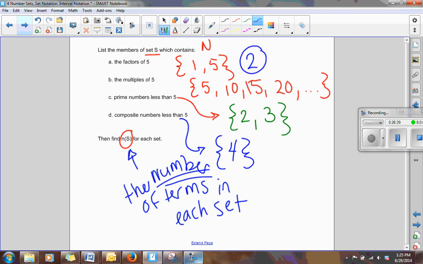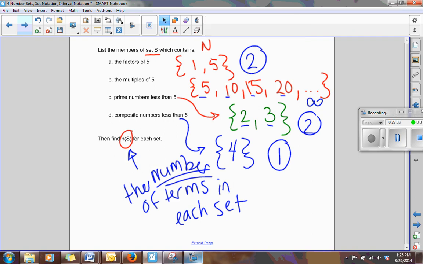So n of this set, n of S, is 2 for part A. The number of multiples of 5, well, that's infinite. We could multiply 5 forever and ever and ever. Prime number is less than 5. Well, there's only 2 in this set as well. And composite number is less than 5. There's just 1. Okay, so it's the number of terms in your set.